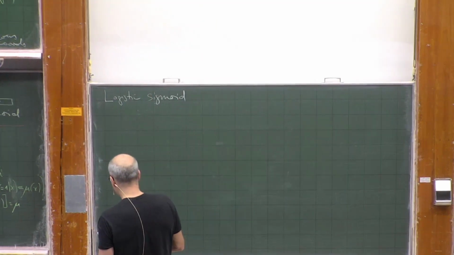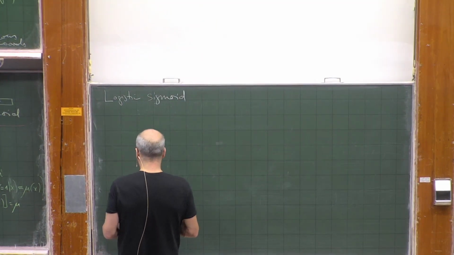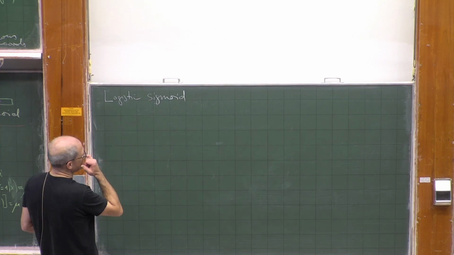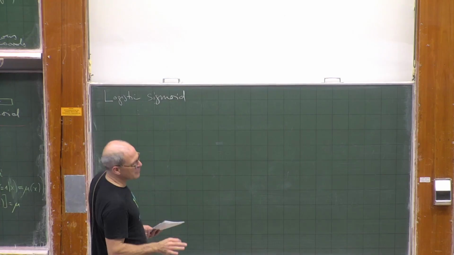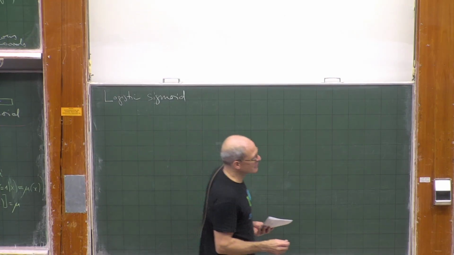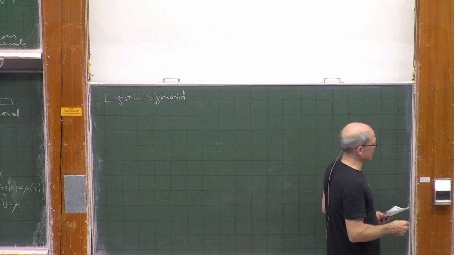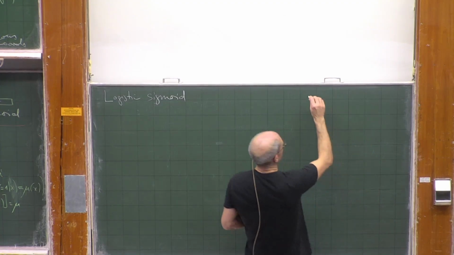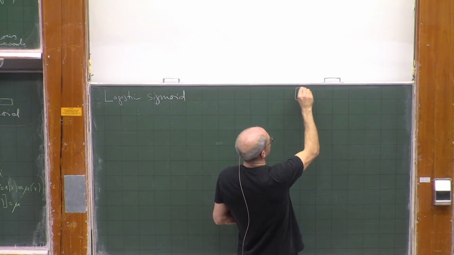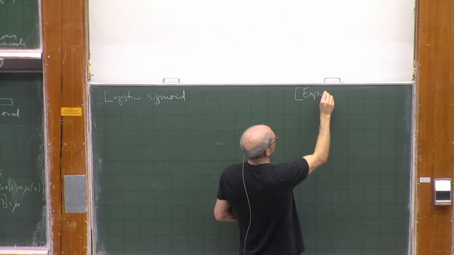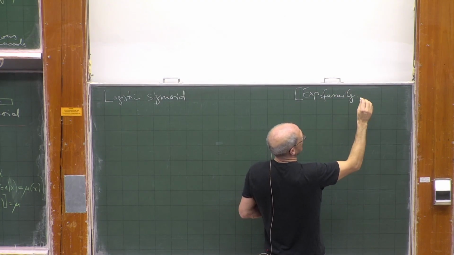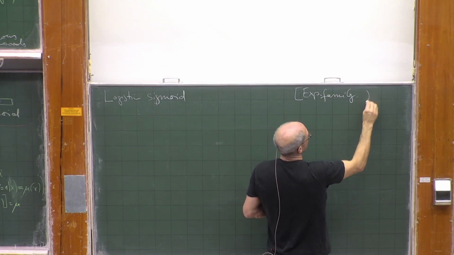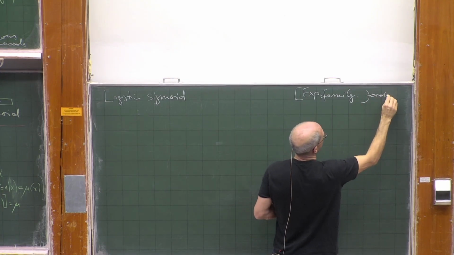If you want to know all about it and more than you want to know, there is a fantastic textbook about the exponential family by Jordan and Wainwright.